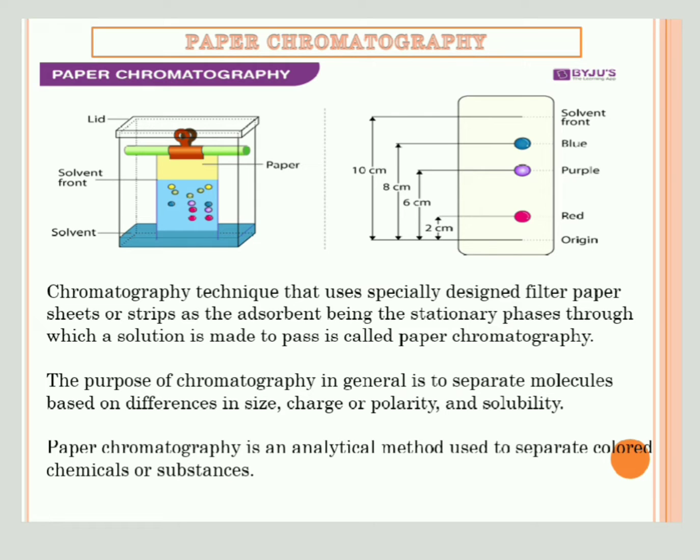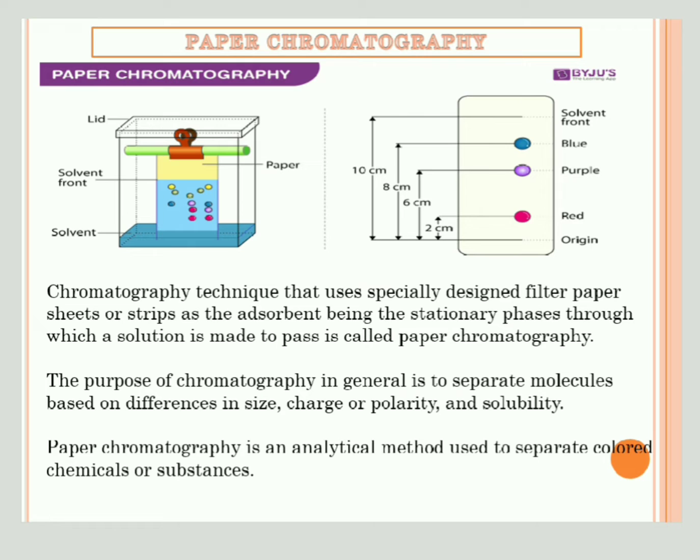In paper chromatography, the stationary phase that we select is the paper. There are different types of paper, so it should be chosen according to the solvent characteristics. Suppose the mobile phase is polar, then we have to choose a non-polar stationary phase, so that the characteristics are different.